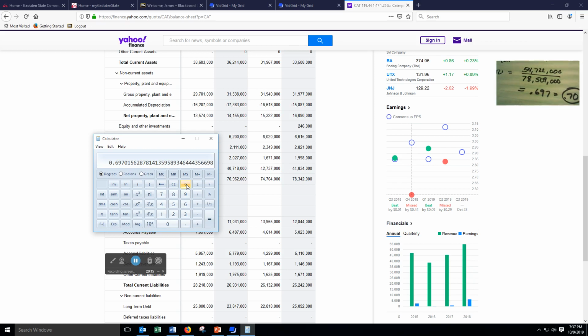And number two, might have very long lives. So for a large capital intensive industry like the tractor and construction equipment industry, that number isn't bad in and of itself. We would have to compare it over time through time series.